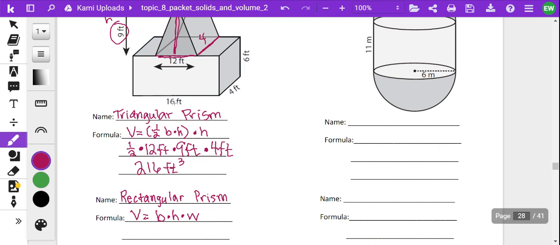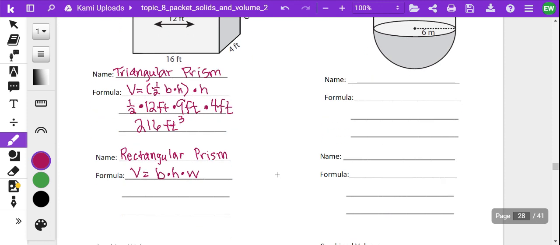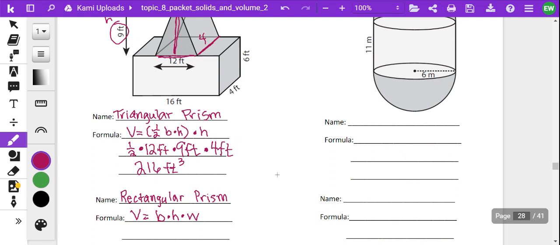We've got some different measurements for our rectangular prism. I can see that my base is 16 here, right across the front. So 16 feet times my width here, looks like it's 4 feet, times my height, which is 6 feet.